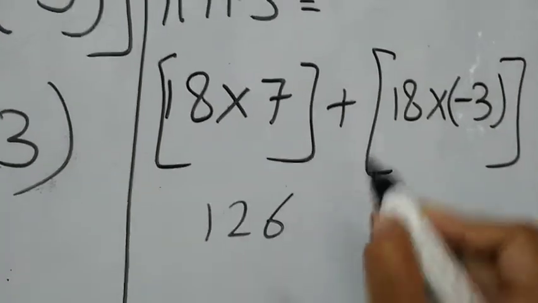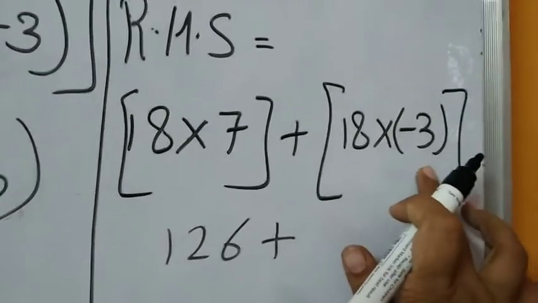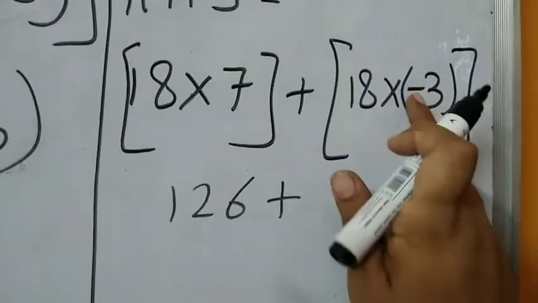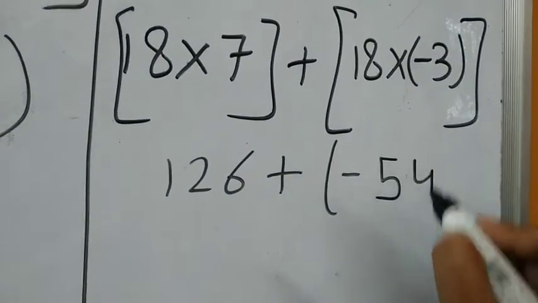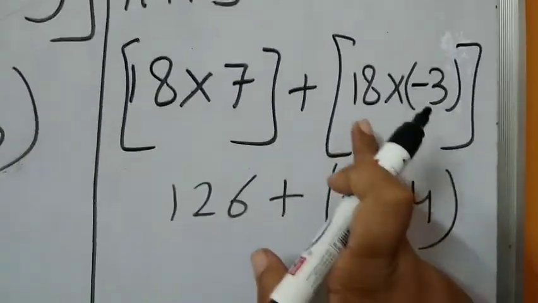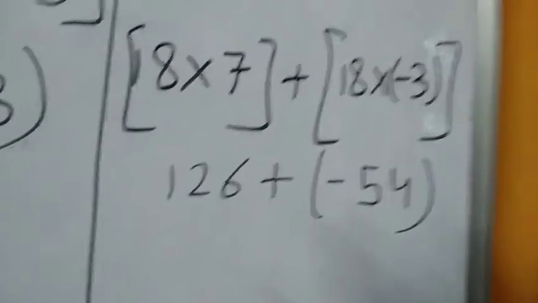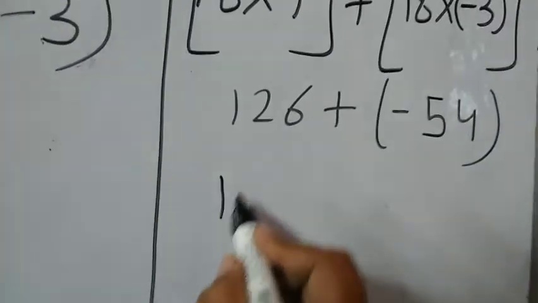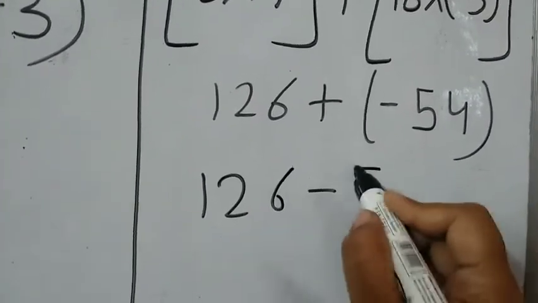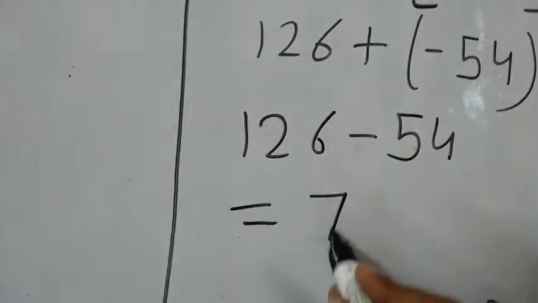Here it is plus, and 18 into minus 3: 18 into 3 will be 54, and it will be minus 54, because one number is positive and the second is negative. Now minus into plus will be minus, so 126 minus 54. So now the answer will be 72.